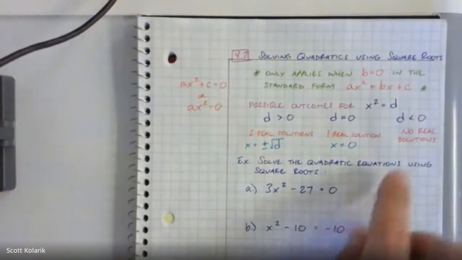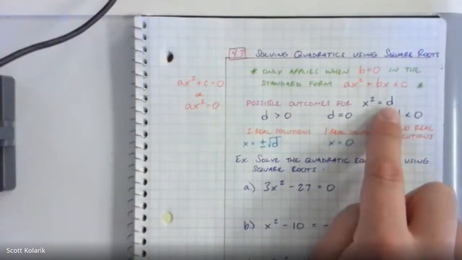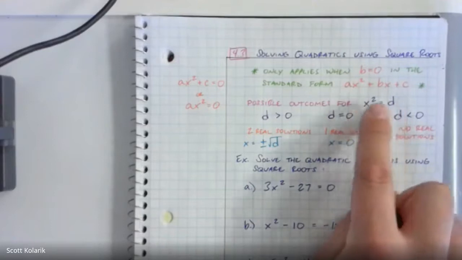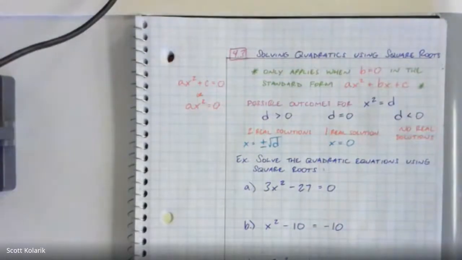Okay. And then lastly, what happens if this value is negative? However weird the number may be, if it's a negative number, then if I were to try taking the square root of both sides, this is where I would get no real solutions. You could try this on your own. On your calculator, you could try to take the square root of a negative number. Your calculator will spit out an error message.